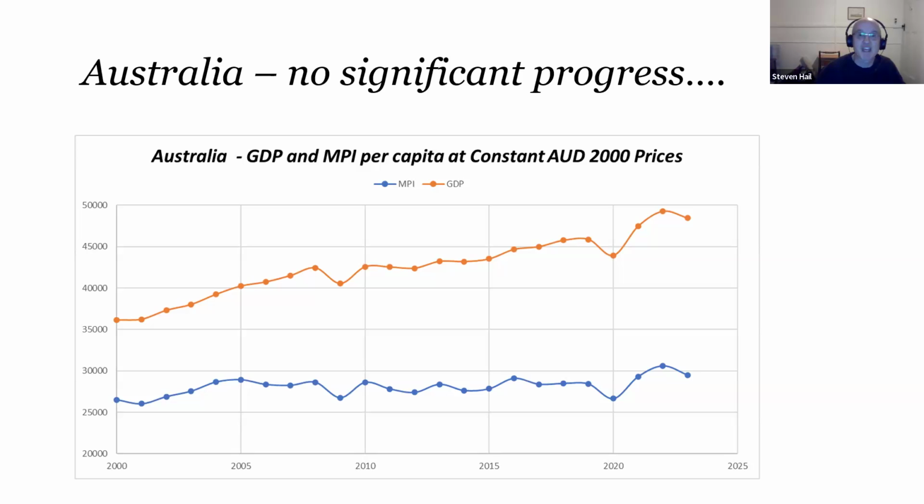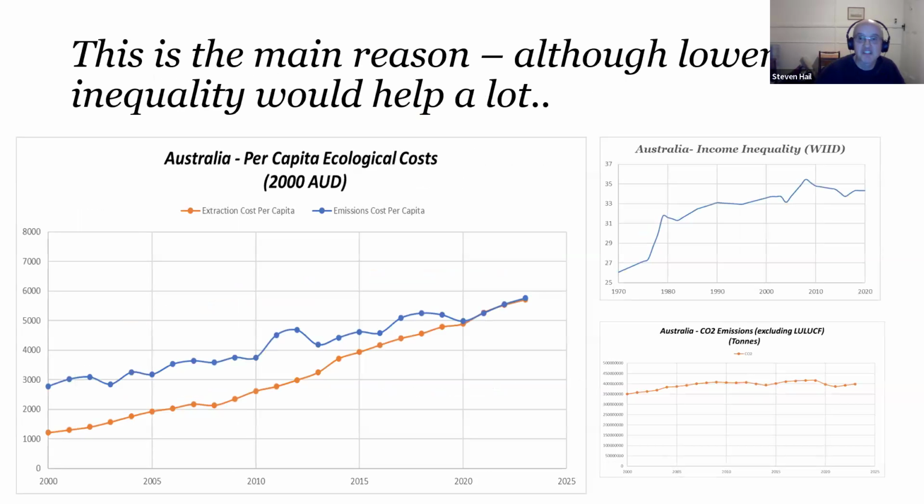Well, Australia has made no significant progress as far as carbon dioxide emissions are concerned. When people talk about Australia's carbon dioxide emissions falling since 2005, that is entirely based on land use change in forestry data, which we've excluded here, which you can say is picked up in our material footprint statistic, and where the accounting for it is seen by many people as pretty dodgy anyway.